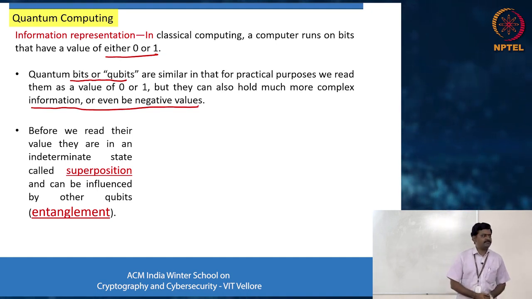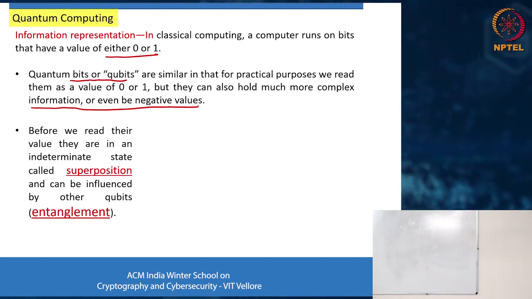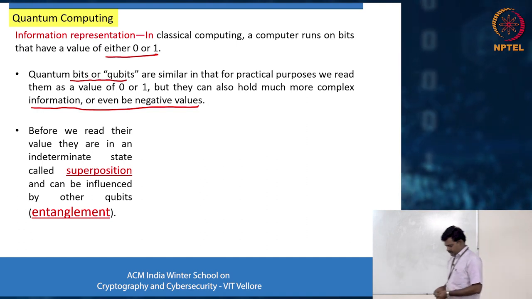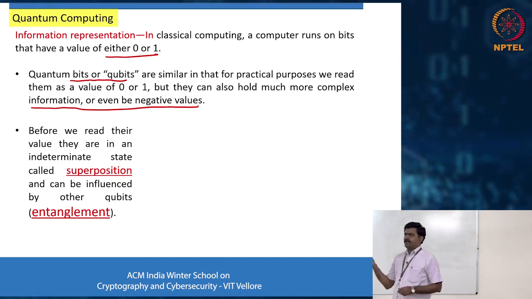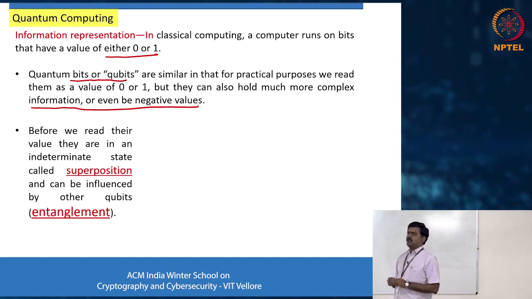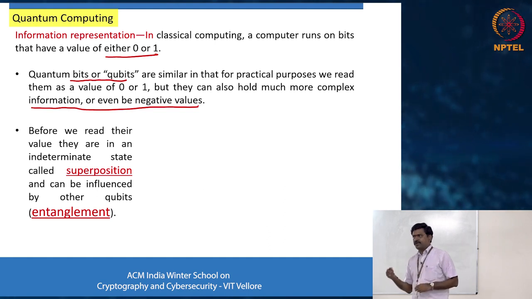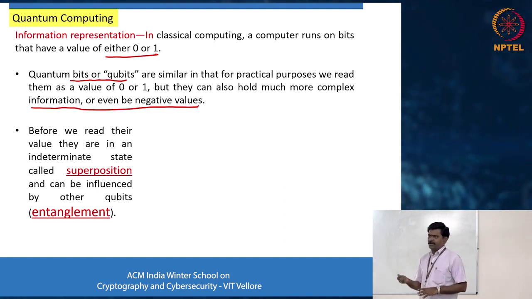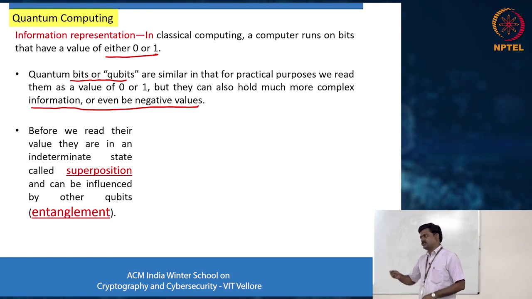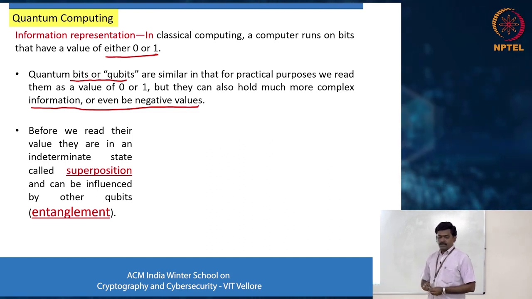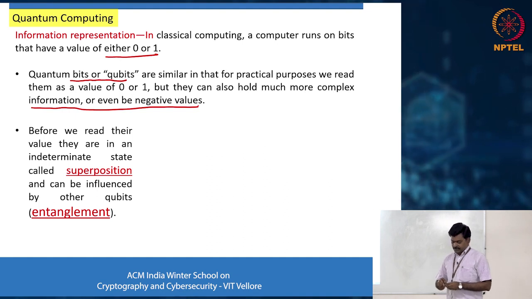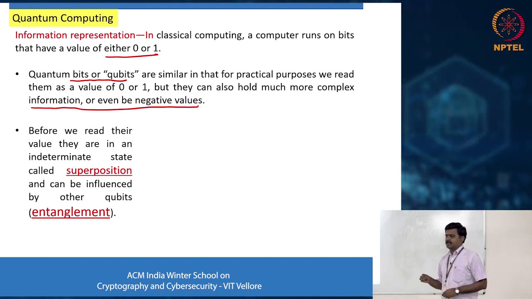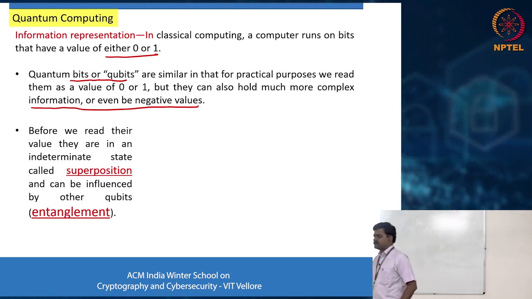Just to give you a brief idea, if you see a coin, typically you have a head and a tail, right? When you throw it, it would be either head or tail, just like a bit will have 1 or 0 at any point of time. Now, the qubit in a quantum computer actually represents something different.